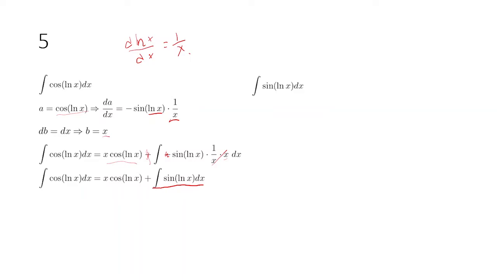Again, we can do the chain rule, where we let p is equal to sine of natural log of x, such that we will get the derivative of p with respect to x as the cosine of natural log of x multiplied by 1 over x. Just like earlier, 1 over x came from the derivative of natural log of x through the chain rule. And we'll assume dq is equal to dx, so q is equal to x.